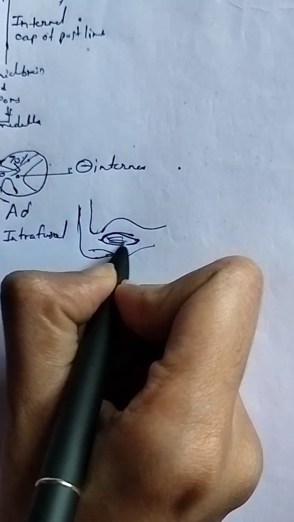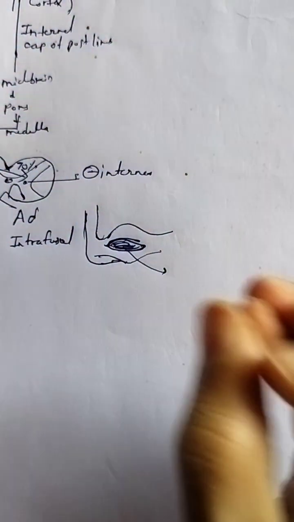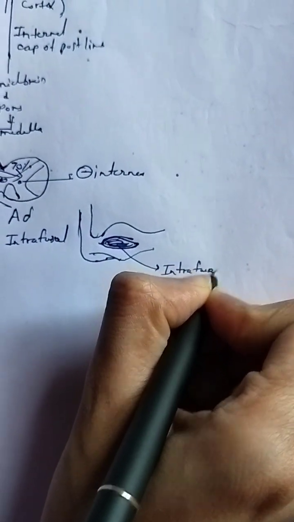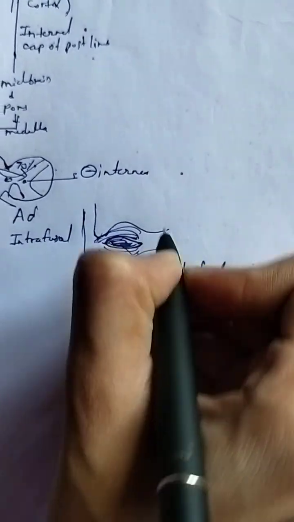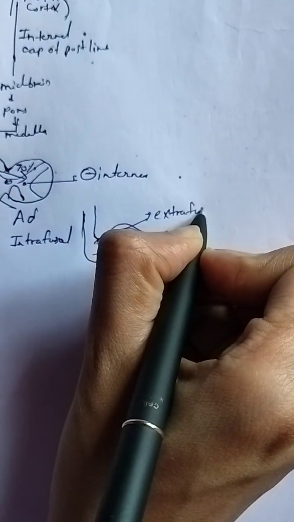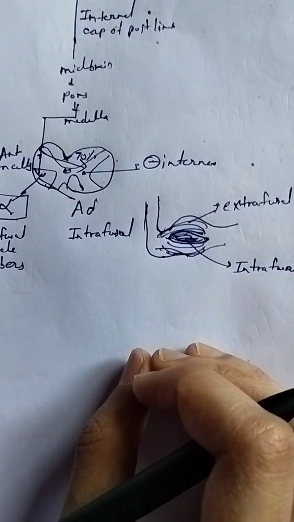The fibers within the muscle spindle are the intrafusal fibers, and around the spindle there are the extrafusal muscle fibers.